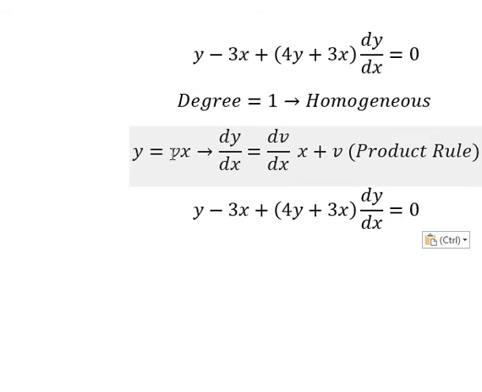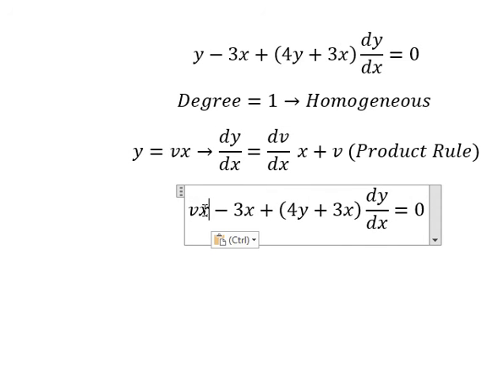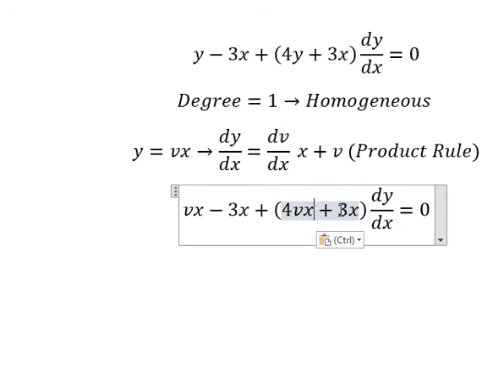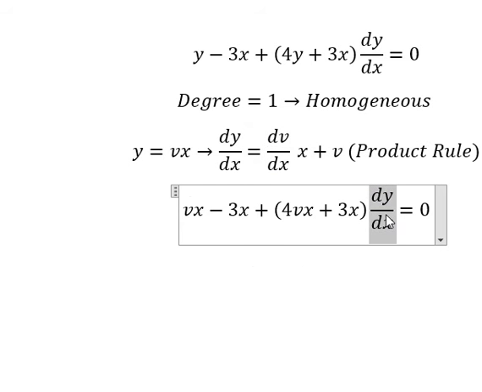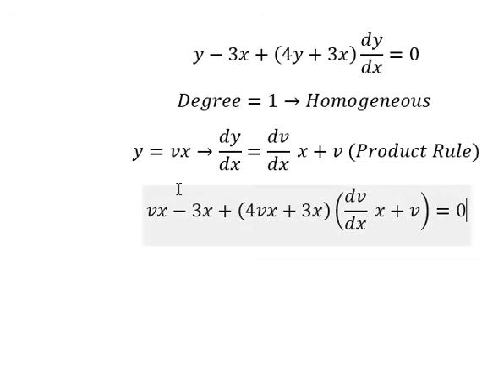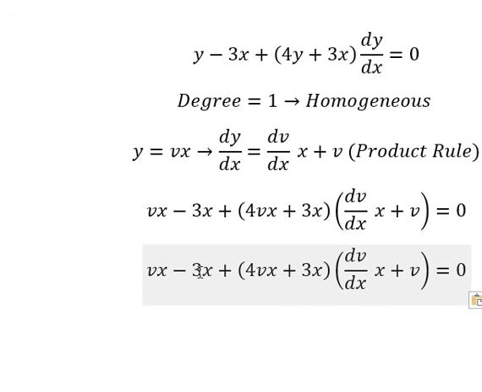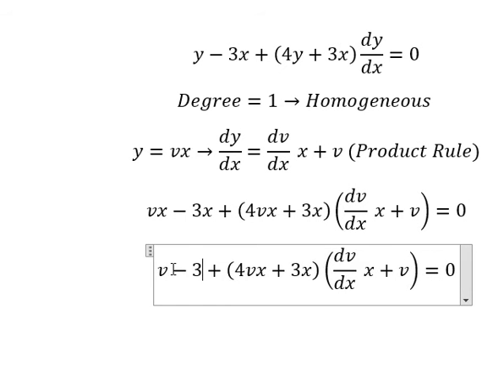So y we change by vs. This one we change by this one. Next, we simplify s for the both sides.